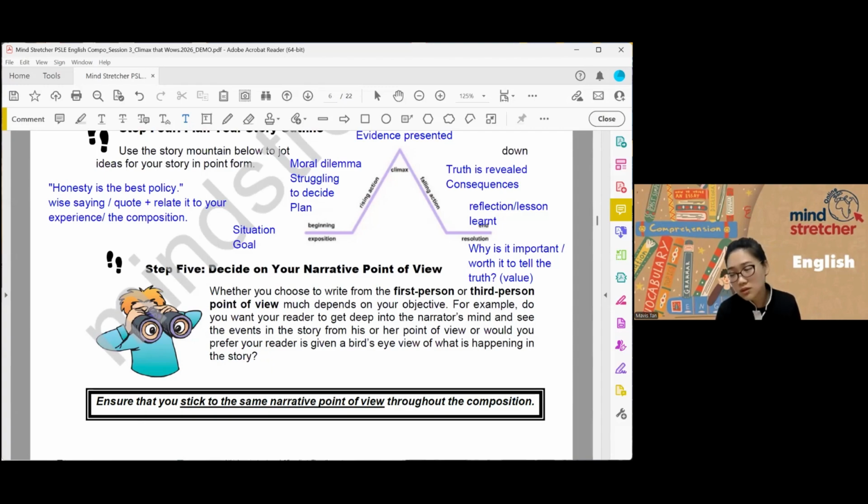I don't know what's in your composition. So honesty is the best policy. I realized that in trying to protect my friend, I had betrayed my conscience.